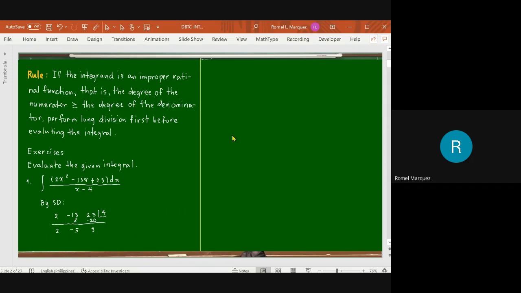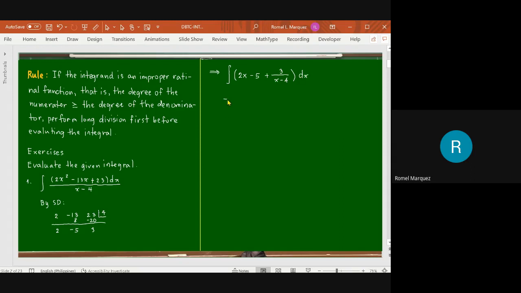So the integral can be written as the integral of 2x minus 5 plus 3 over x minus 4, dx.